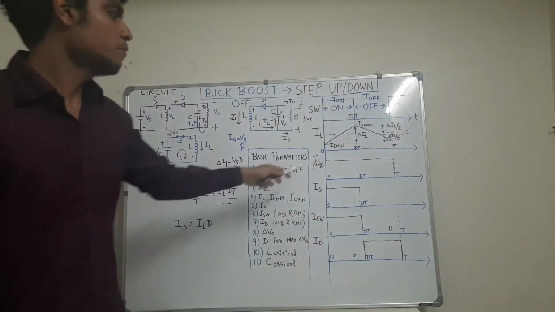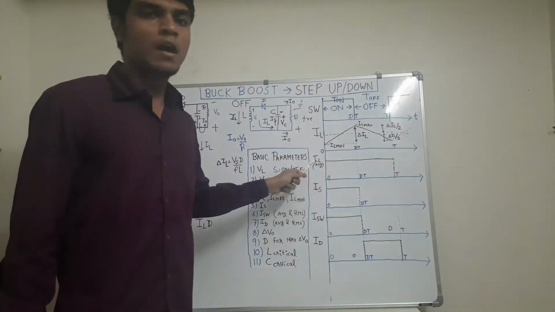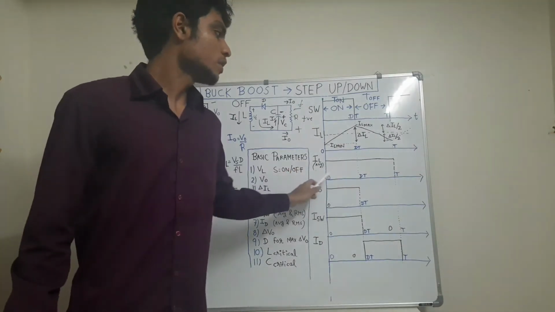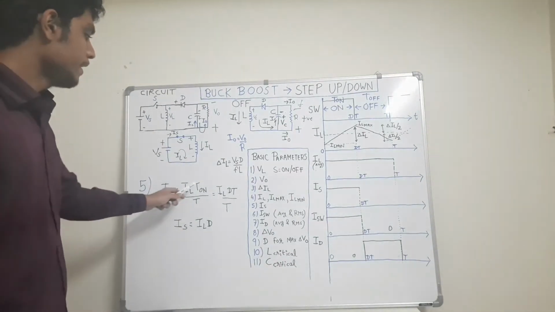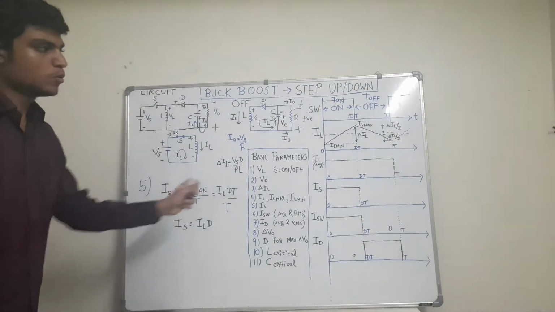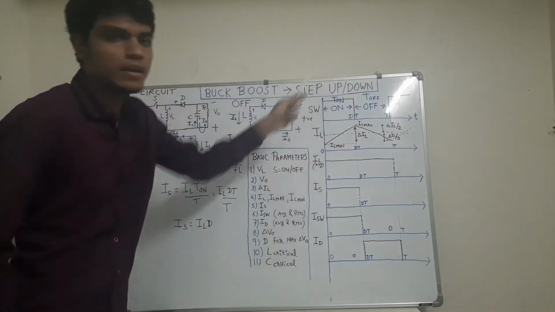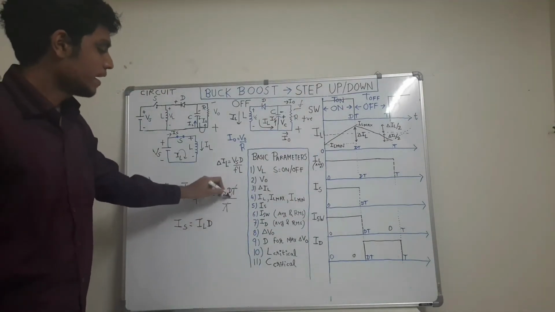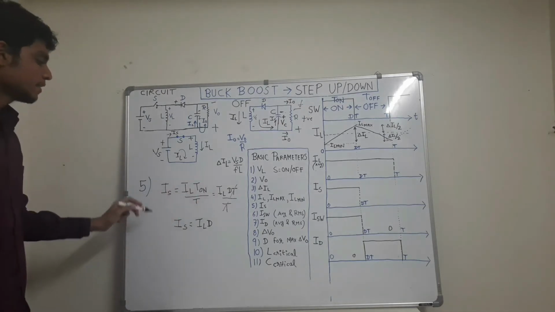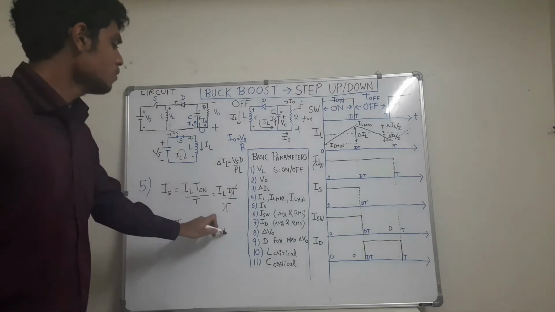We can find that by simply averaging IL over the 0 to dT time only. Therefore IS is equal to IL into T on, that is up to T on time only, which is IL into dT upon T. So T gets cancelled. Therefore IS will be equal to IL into D.